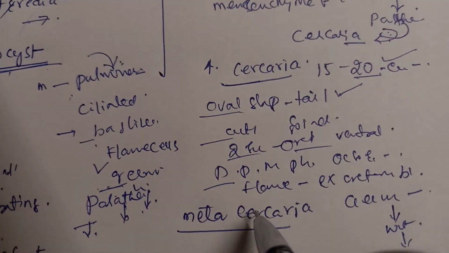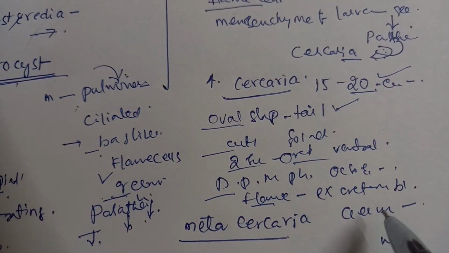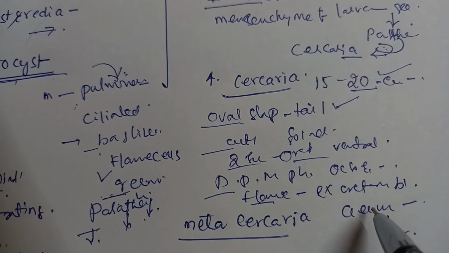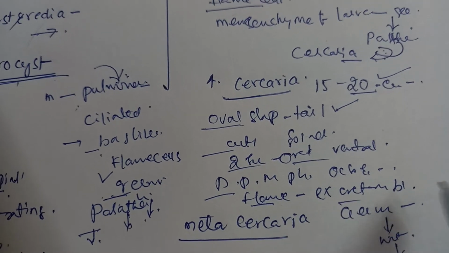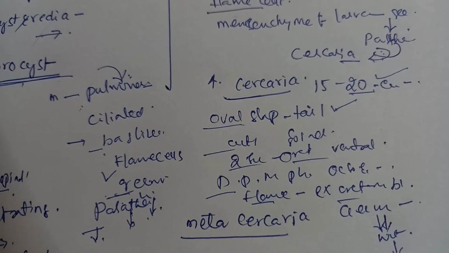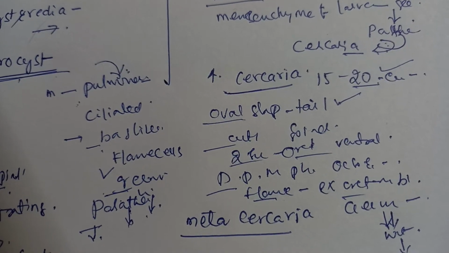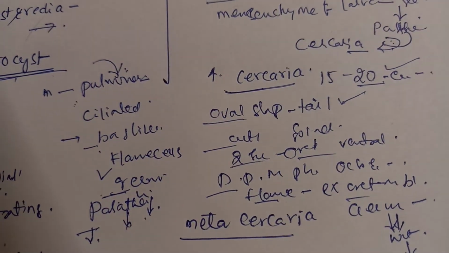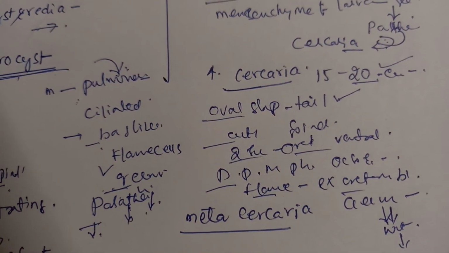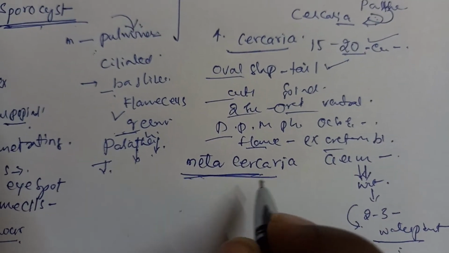Flame cells and the excretory bladder are also present, and germ cells too. The completely developed Cercaria larva will enter the water from the body of the snail, swim for 2 to 3 days, and settle on the water plants. And the last one, metacercaria.